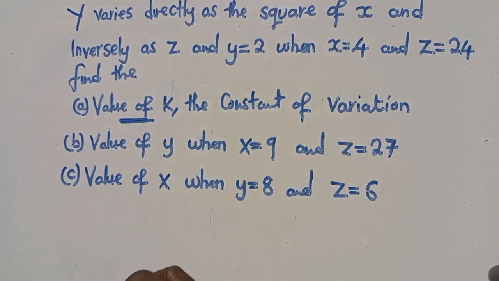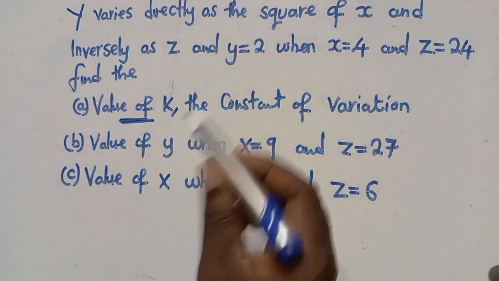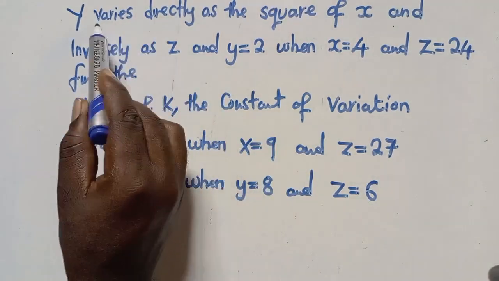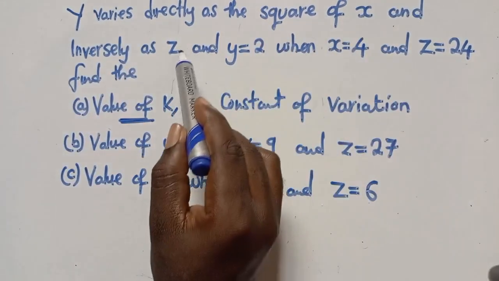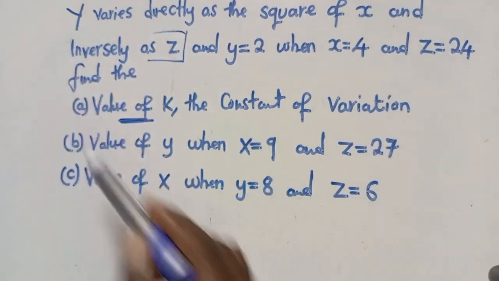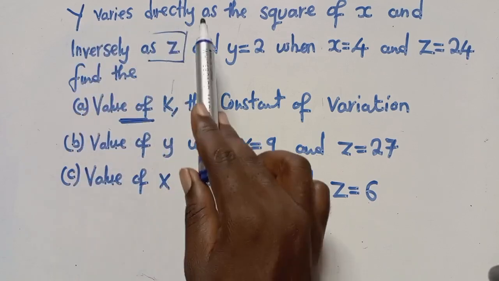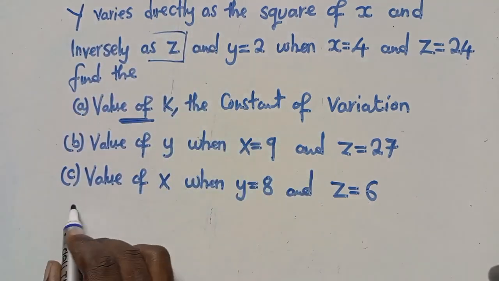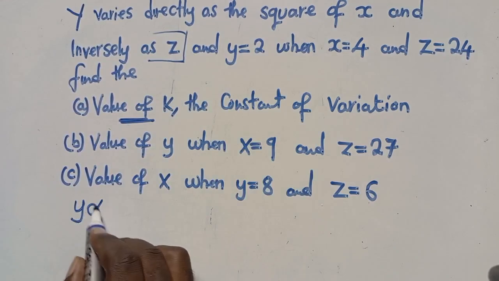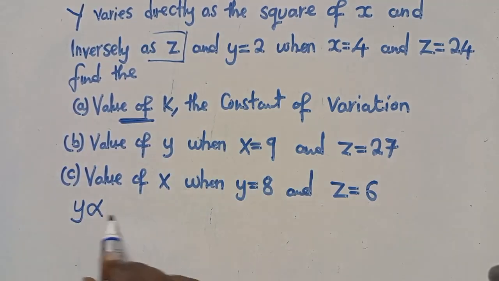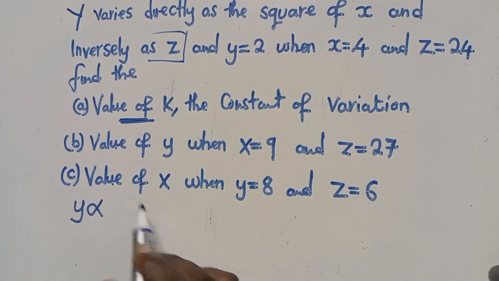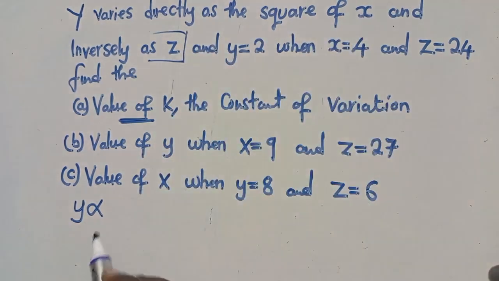The first thing you need to understand is how to interpret this first part. So y varies directly. The symbol for varies is this one. Directly meaning on the same line, as the square of x.